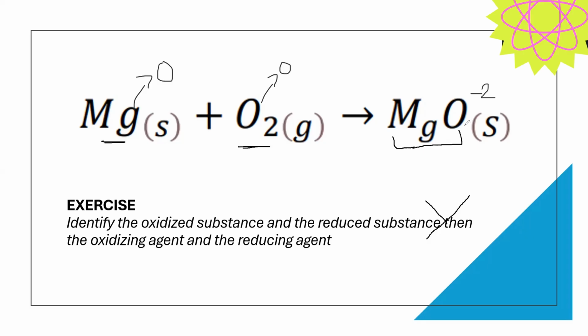Look, what is the number that you find in the subscript here? It's an imaginary one. So you multiply -2 times 1 equals -2, right?